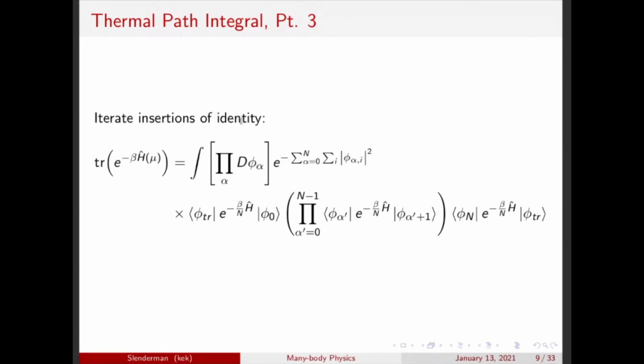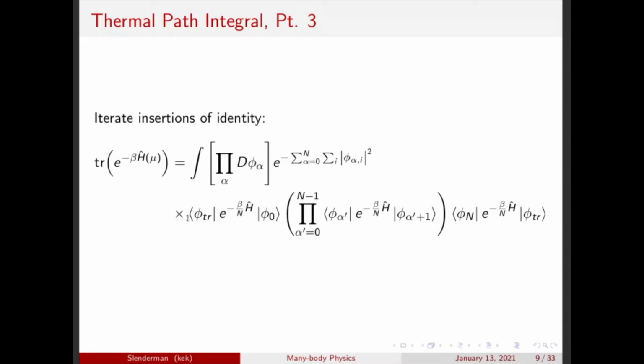Iterating insertions of identity. So iterating this process, now instead of kek and Hank, I'm associating an index alpha here to keep track of the different resolutions of identity. You'll note that products of exponentials are equal to the exponential of the sum of these terms. So here I've brought together all of those products of the overlap terms that are necessary when using the coherent states.